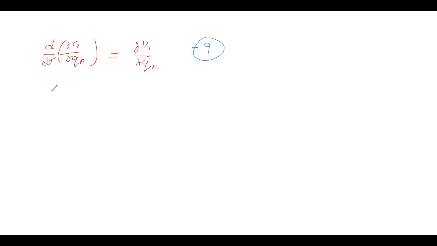So we had derived this part also. Then we have tried to derive one more term, that is delta Vi by delta Qk dot, so with respect to the generalized velocity. When I say Qk, it means generalized coordinate. When I say Qk dot, it means generalized velocity. If I say Qk double dot, it means generalized acceleration.